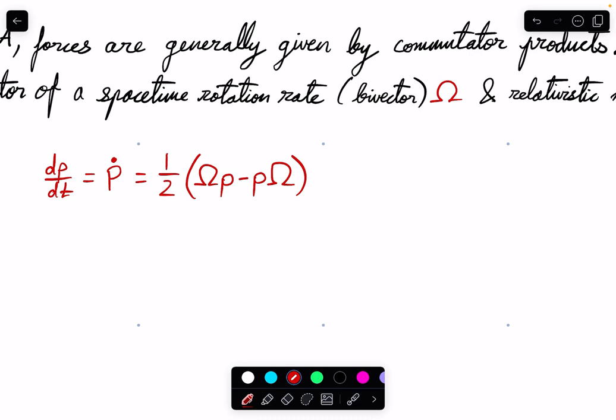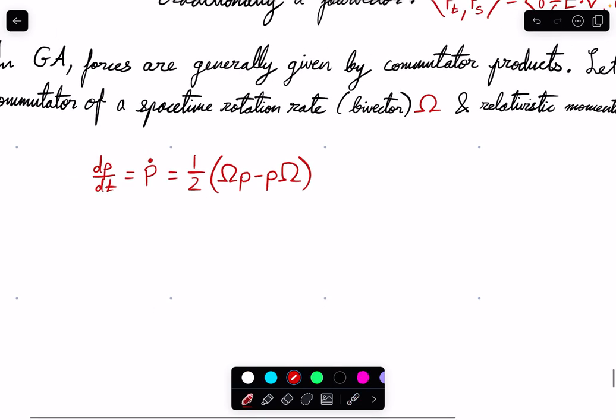This is just a common geometric algebra result, is that the change in time of some quantity is a bivector commutator product with the object that's changing in time. And so a force is just the change in momentum of time. So you have some bivector commutating with this, so it's a change in time of the momentum, so force.